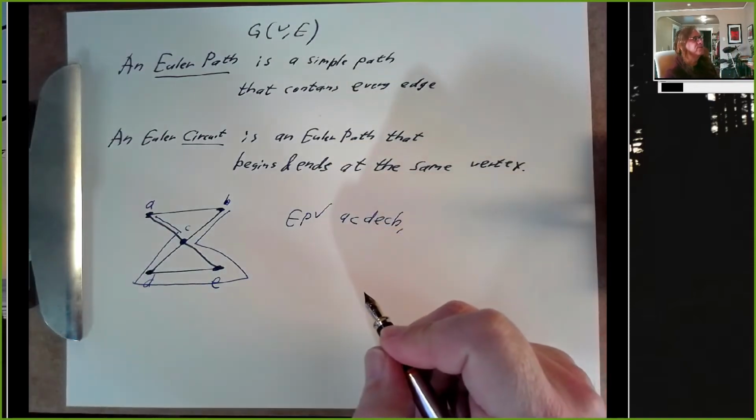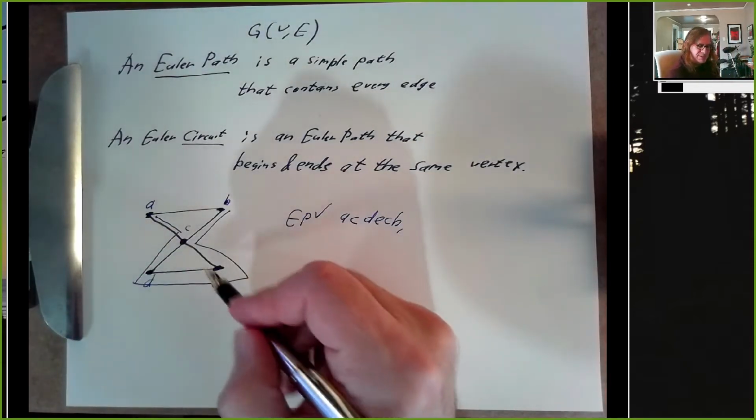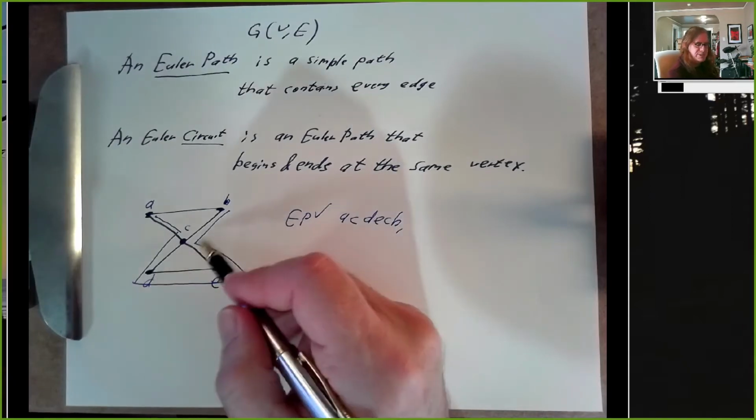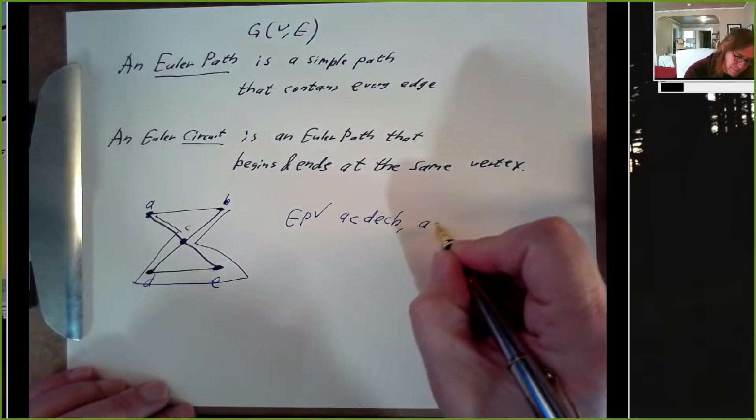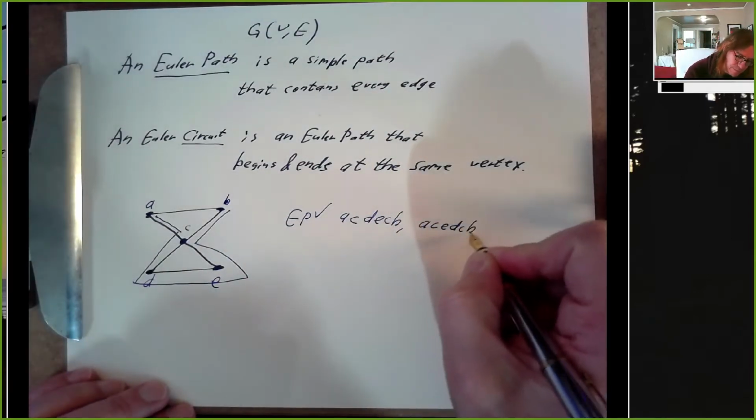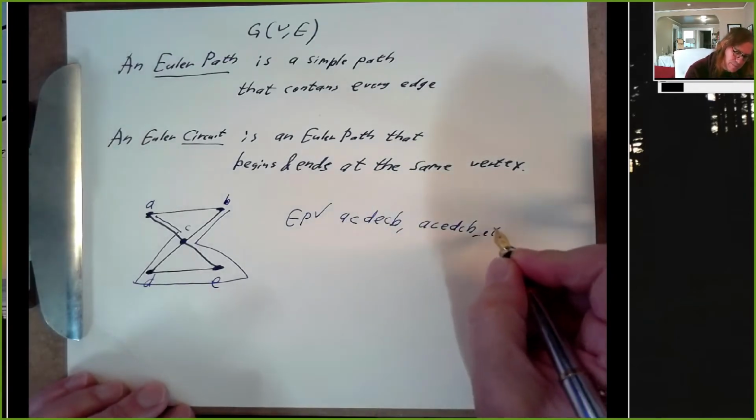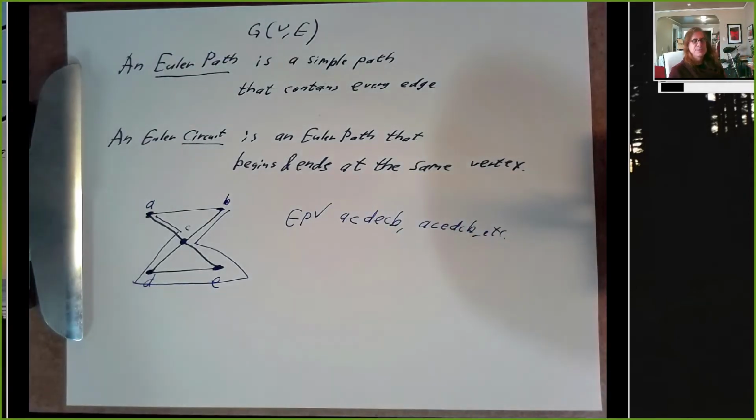And it's got multiple ones, right? A, C, E, D, C, B. And if we start at different vertices, we can certainly find other ones.